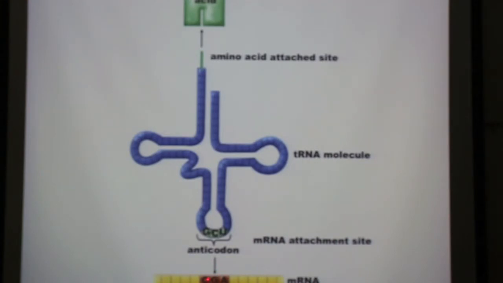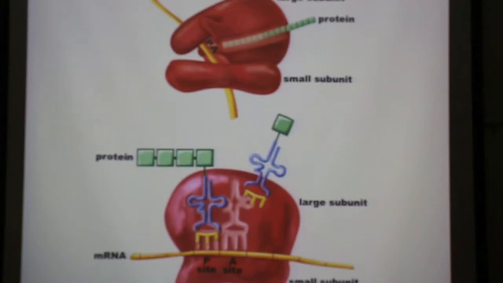So if the codon is CGA here, the anticodon is going to be GCU in this case, because the G will base pair with the C, the C will base pair with the G, and the U will base pair with the A.